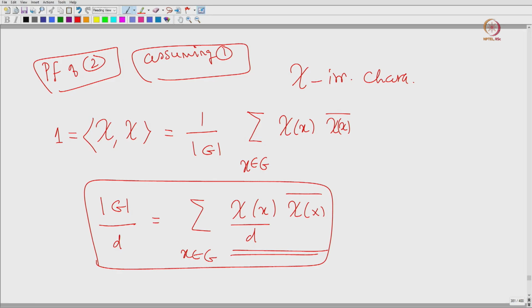If we write G as the union of these conjugacy classes, then this sum runs over i from 1 to s of chi of C i divided by d times chi of C i bar, because chi is a class function, so it takes the same value for all elements of a given conjugacy class C i.